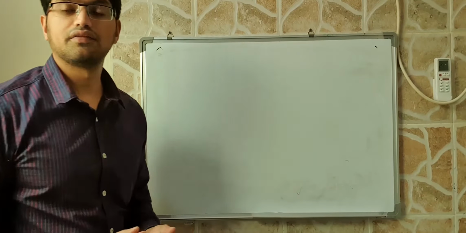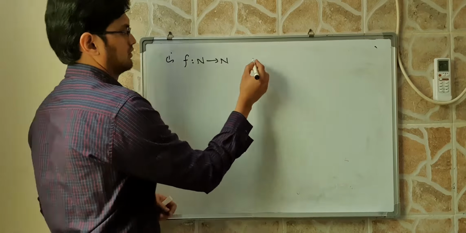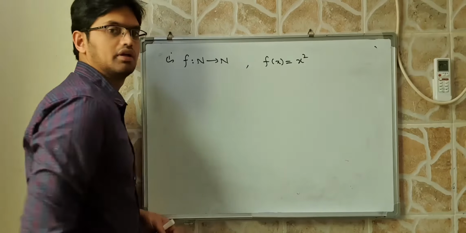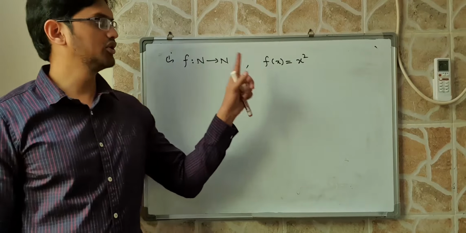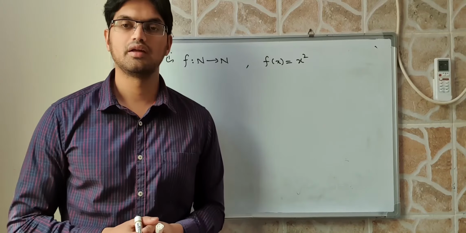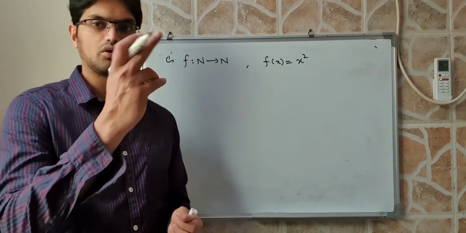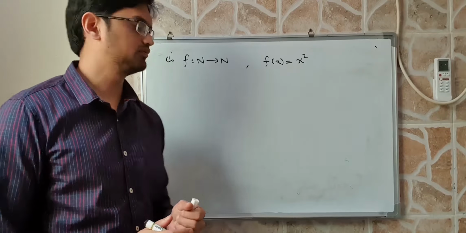So let me take the first one. f is a function from natural numbers to natural numbers. What is the rule? f of x is equal to x square. To understand it more clearly, I'll just draw this tree diagram.